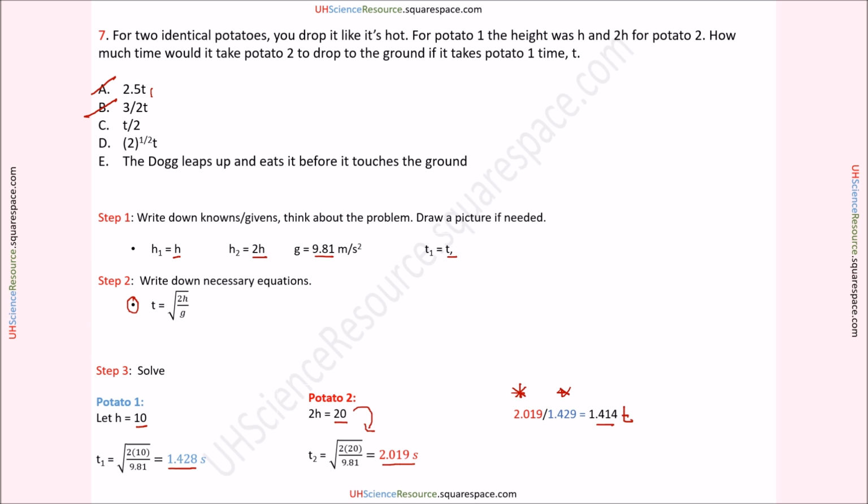For answer choice C, it says t divided by 2, or 1/2 t, which is the same thing as 0.5 t, which is not correct, so we can eliminate that answer choice. For answer choice D, it says 2 to the 1/2 power, which is the same thing as the square root of 2, and that is going to equal approximately 1.414. And so answer choice D is going to be our correct answer.